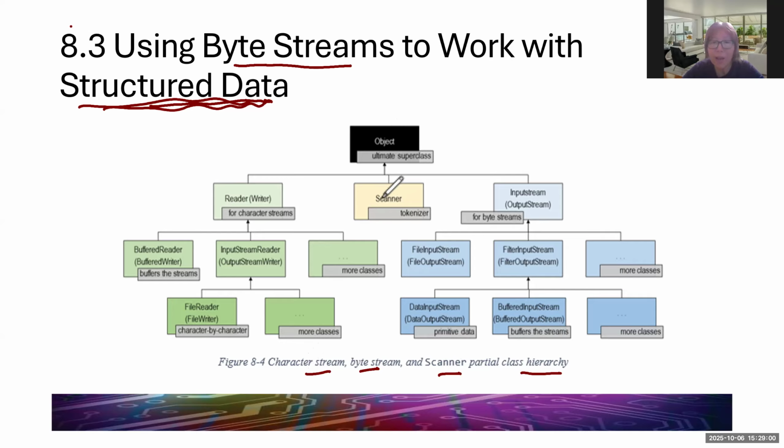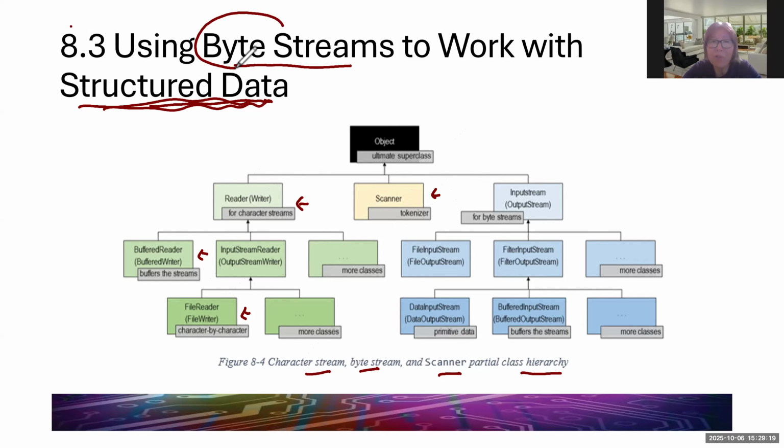So in the hierarchy for the stream, character stream, byte stream, and scanner, this diagram shows it. We already discussed the character stream, reader and writer, and later buffered reader and writer, file reader, file writer. We also discussed the scanner.